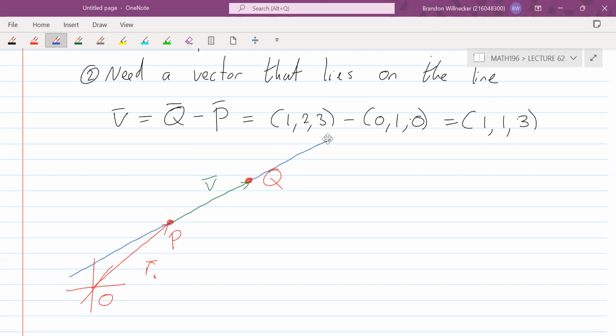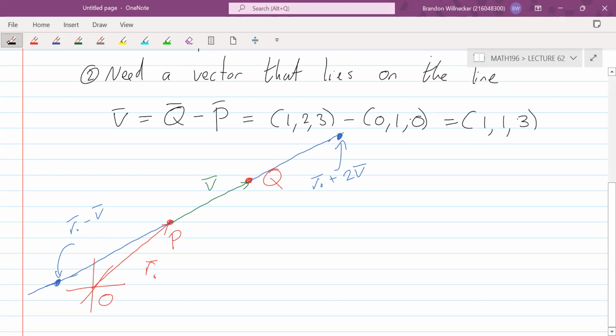If we multiply V by 2, then we move twice as far along the line, and we end up there. If we take minus V, then we go in the opposite direction and we end up somewhere here. So here would be R naught plus 2V. Over here would be R naught minus V. Then you would move anywhere along that line.